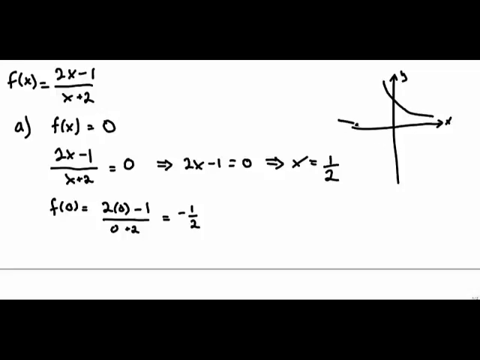The horizontal asymptote, I think they mean y asymptote, is this invisible line that this function, if we go to the right, is getting closer and closer to, but it never touches it. If we go to the left, this function is getting closer and closer to this invisible line, this y asymptote.